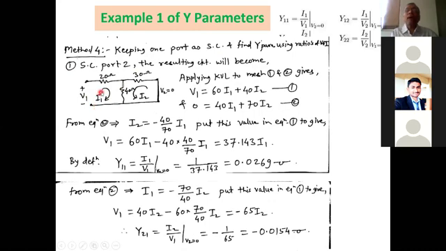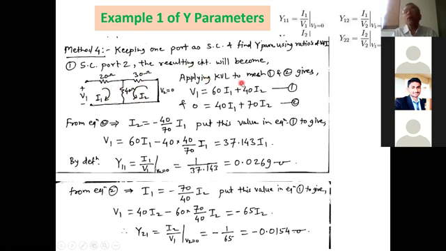You can apply mesh analysis for this network, applying KVL for both these meshes. So after short circuiting port 2 and applying V1 at port 1, I1 and I2 are the currents entering both the ports.